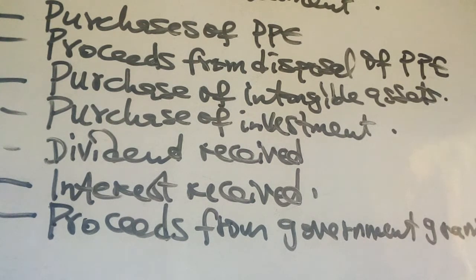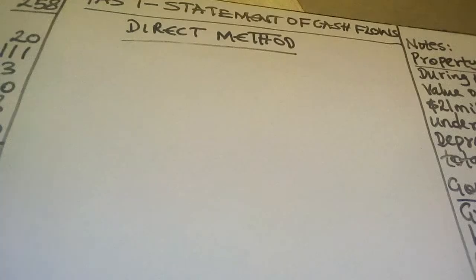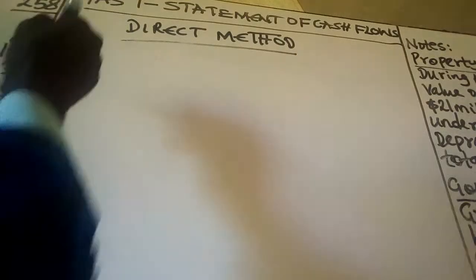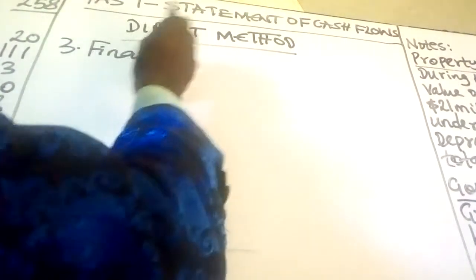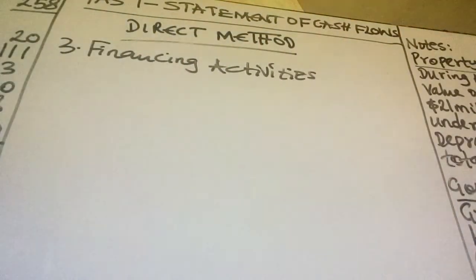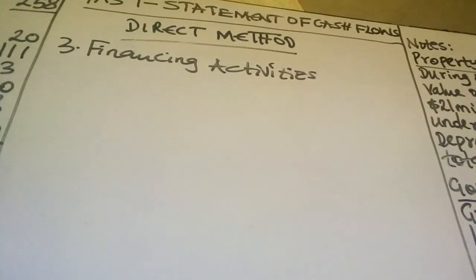The third heading I'm going to look at is financing activities. These are activities that arise from the way the business is to be financed.